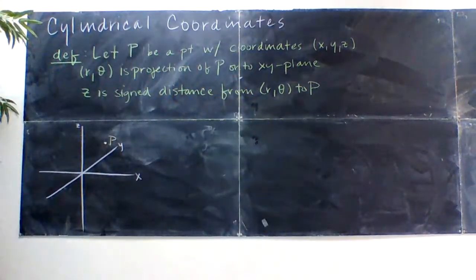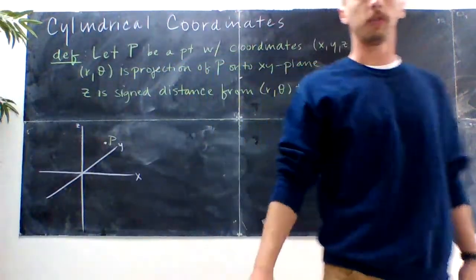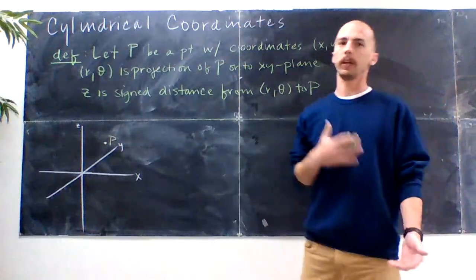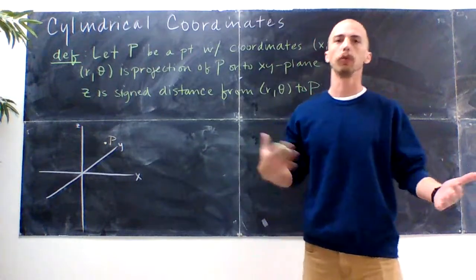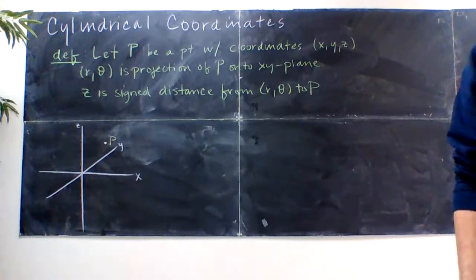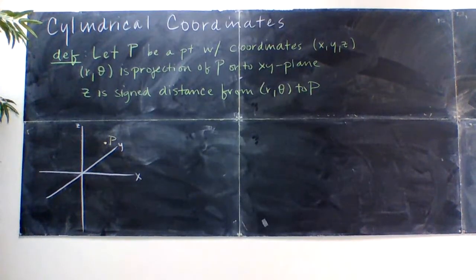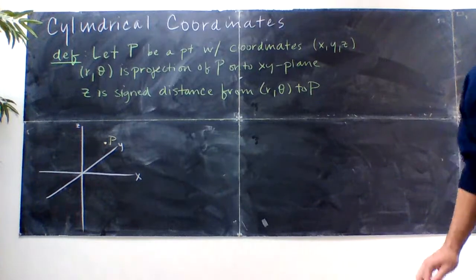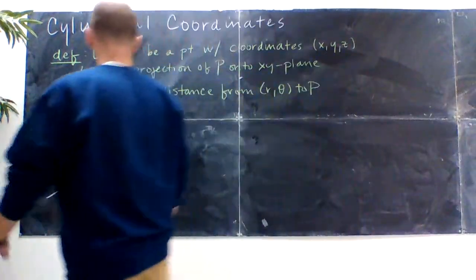Okay, my goal here is to cook up the formulas for how to get from rectangular to cylindrical and cylindrical to rectangular. So I'm going to start drawing my diagram. I've got my point P, and the r and theta coordinates are going to be the projection of P down onto the xy plane.